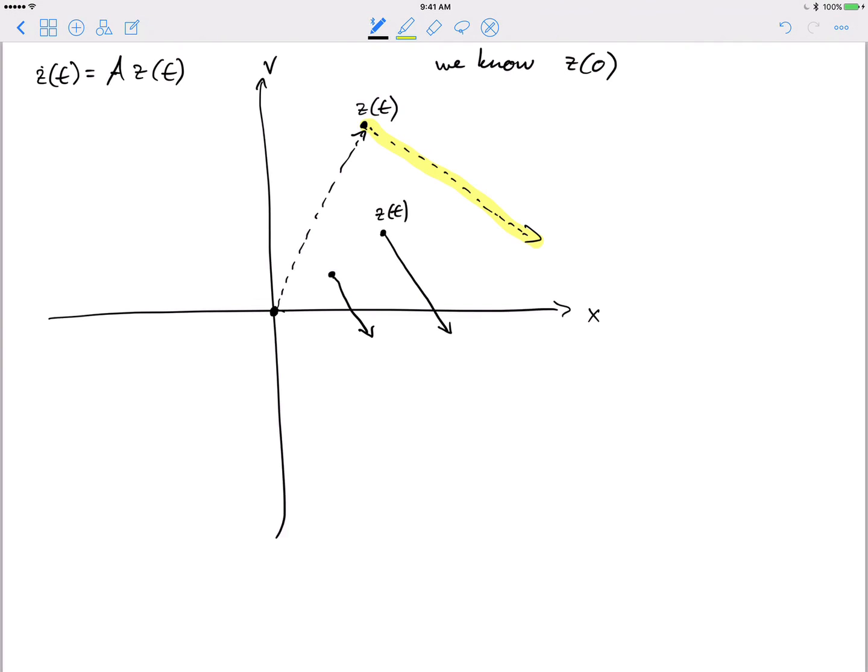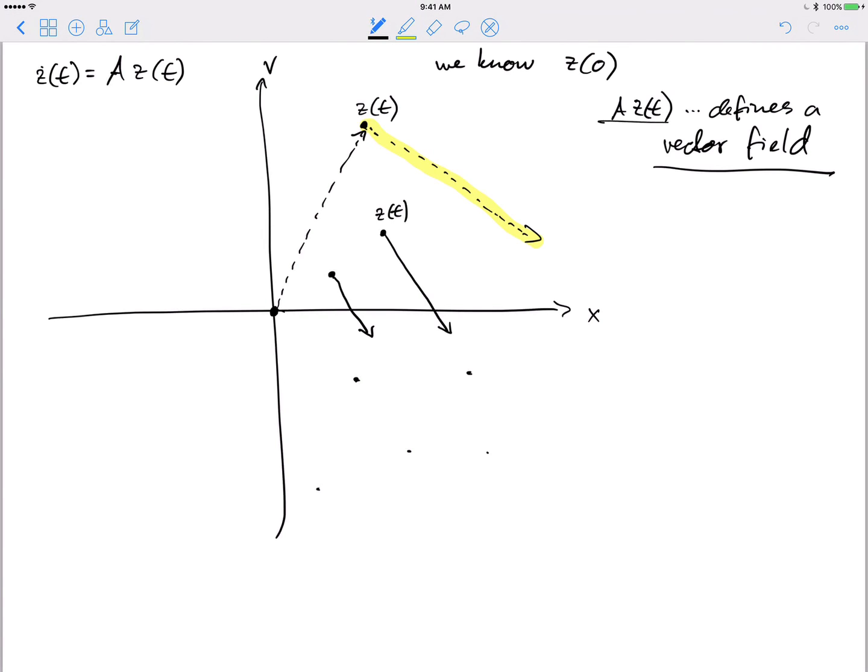So what we have here, this AZT actually defines a vector field. That's what I was trying to visualize by drawing these arrows. What a vector field means is that for every point, whichever point I pick, I have a vector associated with that point.